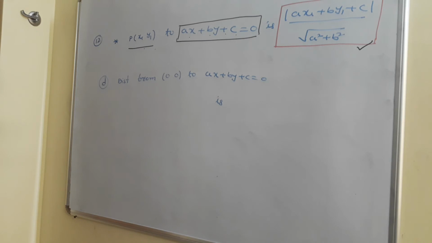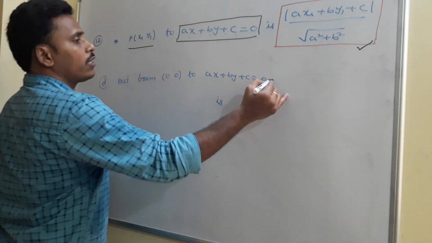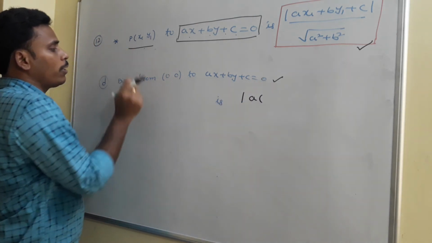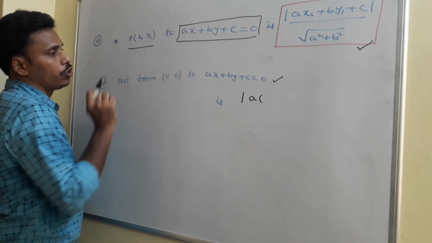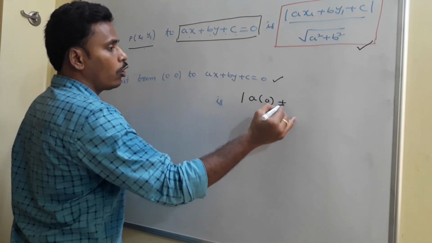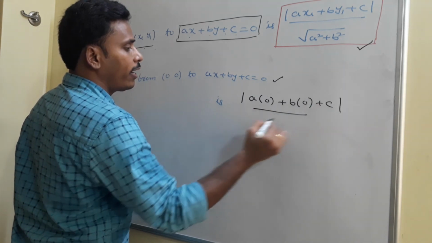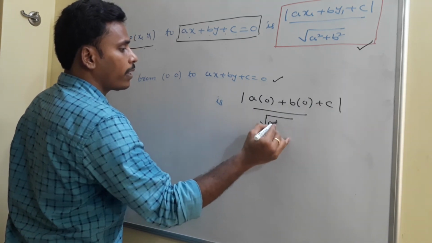If the point is the origin (0, 0), then to find the distance from the origin to ax + by + c = 0, use the distance formula: modulus of a times x1 plus b times y1 plus c, divided by root of a square plus b square, replacing x1 and y1 with 0, 0. So a into 0 plus b into 0 plus c divided by root of a square plus b square.